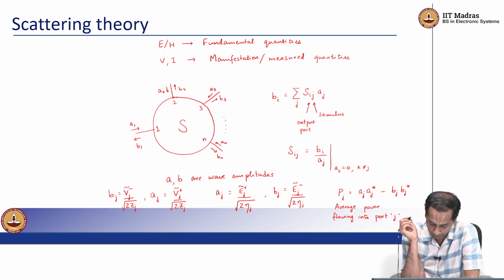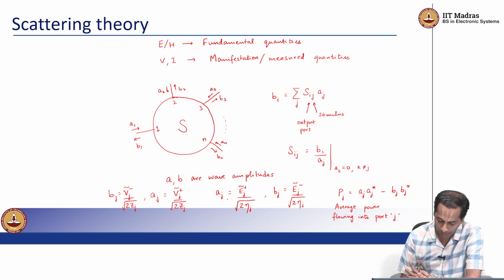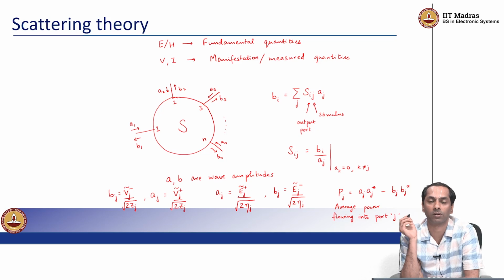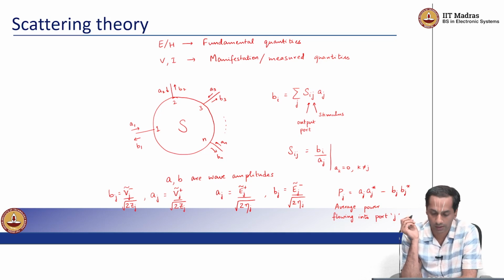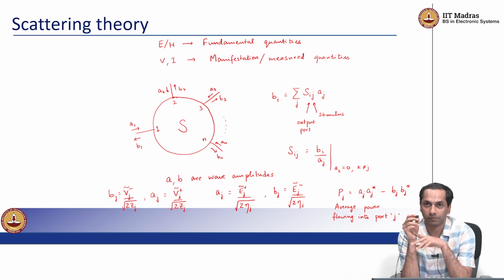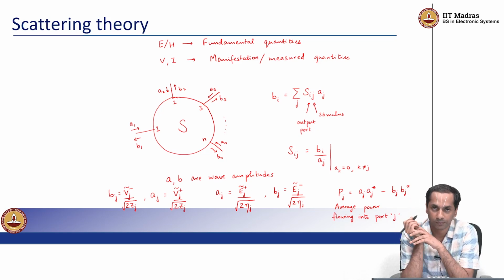So you can see that if I take Aj and multiply it with the complex conjugate, or mod A squared, it essentially gives me the average power carried by the positive propagating wave, and Bj is that of power flow going in the opposite direction, the net of it being the net average power that's flowing into the port. So these are just definitions in this formalism.